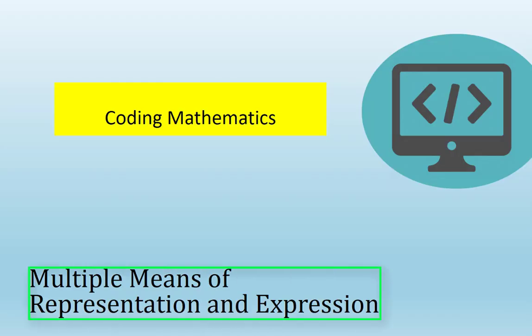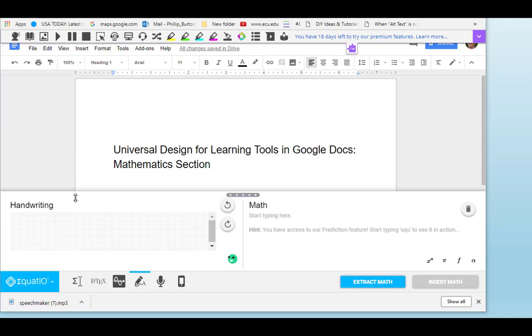Multiple means of representation and expression. Coding mathematics. I'm still here in the handwriting tool, but what I want to do is to generate a bit of math so that I can show you how LaTeX works. LaTeX is the principal standard for typing mathematics for publication.